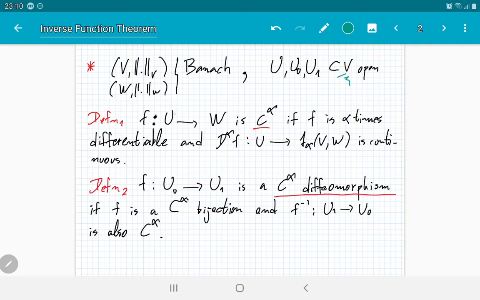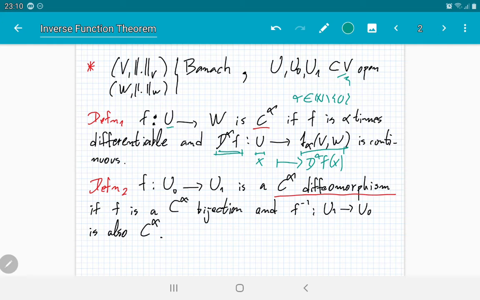A function f from an open subset of V to W is C alpha, where alpha here is a positive integer, if f is alpha times differentiable, and moreover the derivative of order alpha, which to each point in U associates an alpha linear operator from V to W, is continuous. So the mapping that takes x to d alpha f of x is continuous.